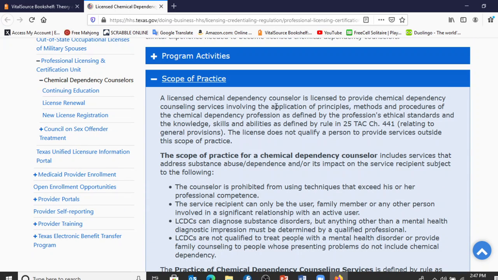A licensed chemical dependency counselor is licensed to provide chemical dependency counseling services involving the application of principles, methods, and procedures of the chemical dependency profession as defined by the profession's ethical standards and the knowledge, skills, and abilities as defined by Rule 25 TAC Chapter 441, General Provisions, and this is Texas Code.